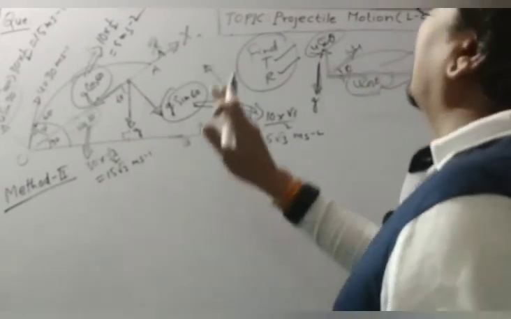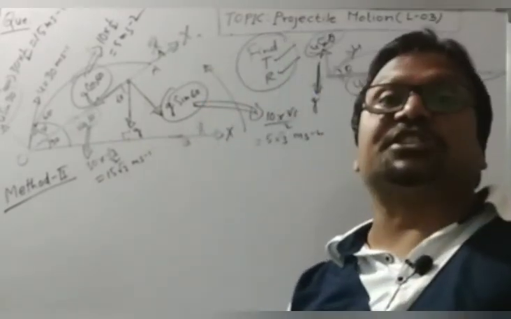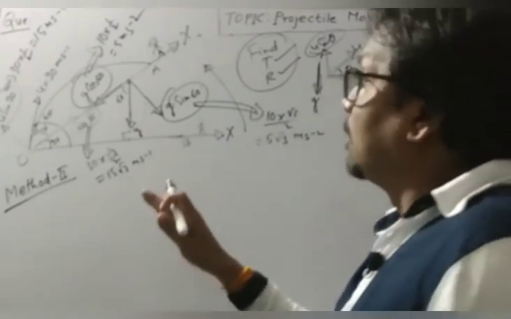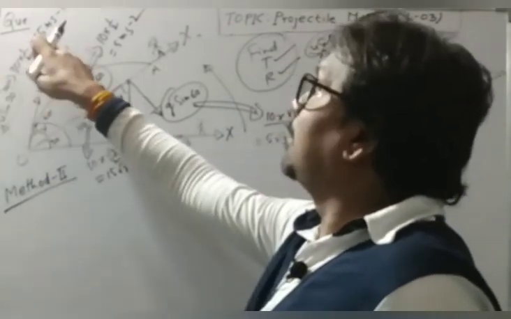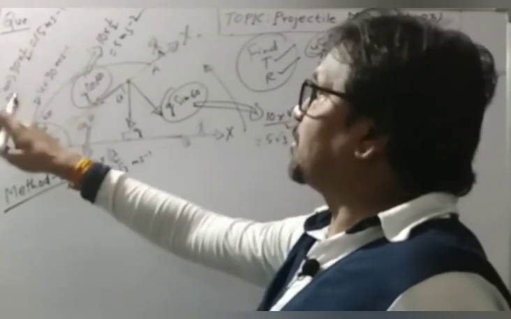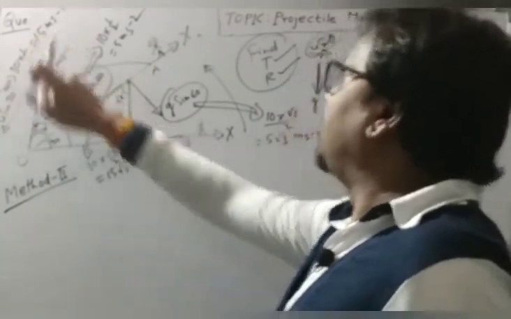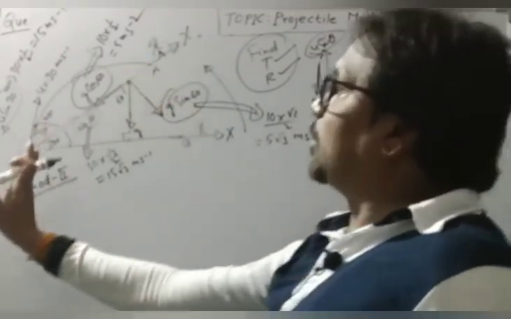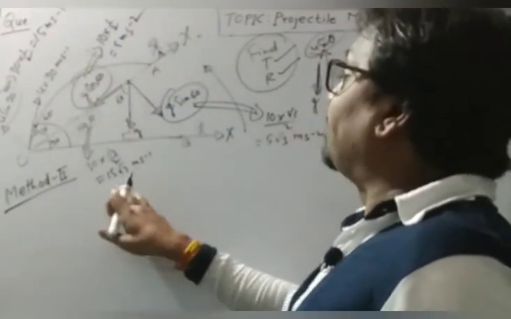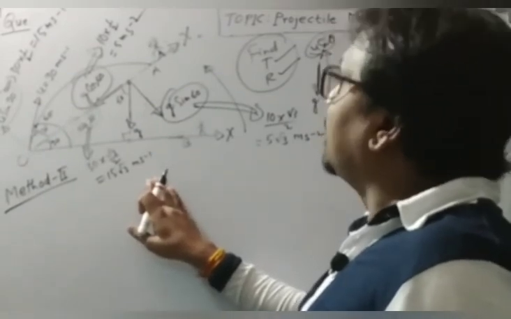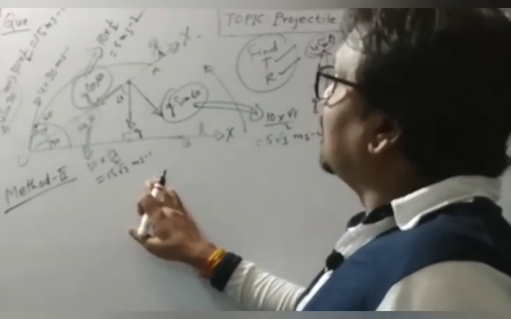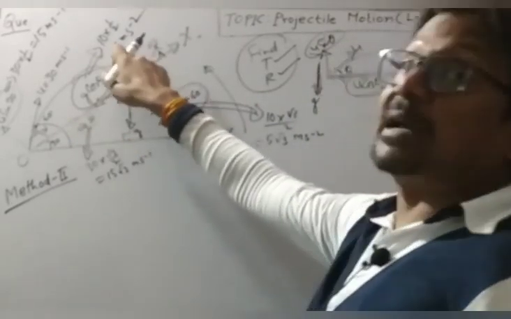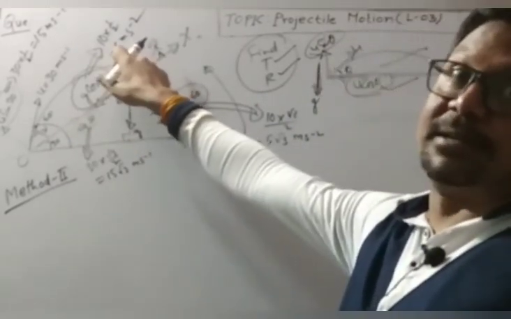In this case, acceleration exists corresponding to both the velocities. Vertical velocity 15 meter per second, acceleration just opposite to it is 5 root 3. Horizontal component is 15 root 3 meter per second, and acceleration just opposite to this velocity is basically 5 meter per second square.